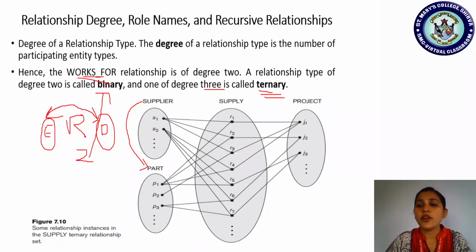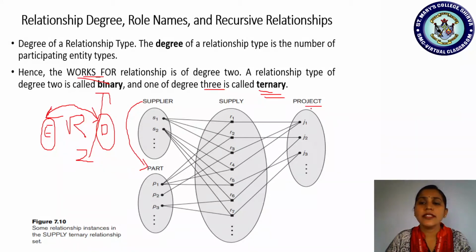And similarly projects J1, J2, J3. However many projects are running in a particular company, they are numbered as J1, J2, J3. These are the projects taken up by the company, and these are the project entity set.